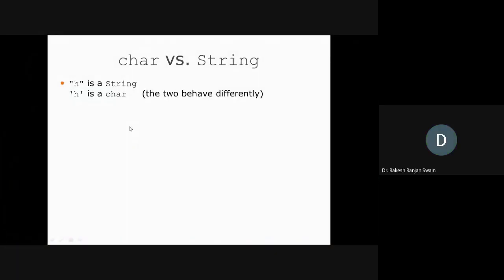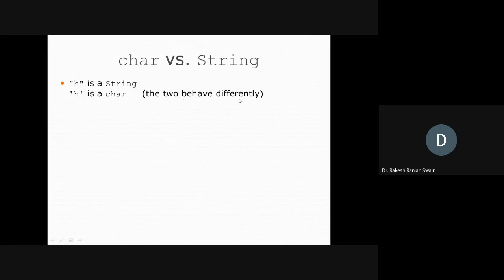Character versus string. We already discussed character versus integer. Now see character versus string. Whenever I write a letter with double quotes, it is a string, and with single quotes, it is a character.